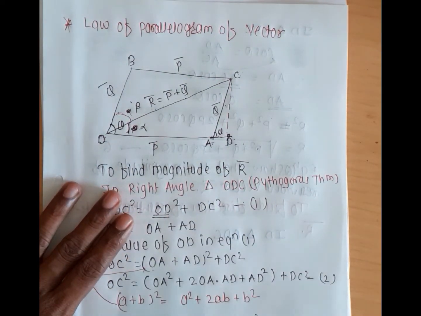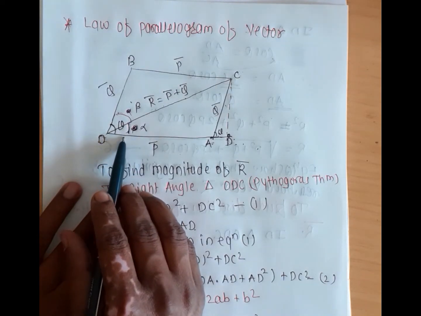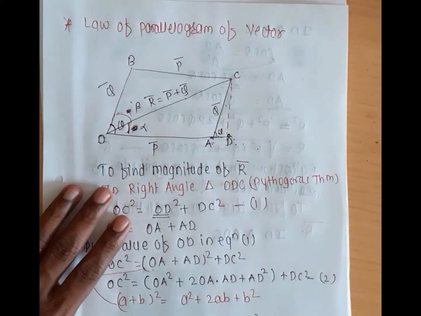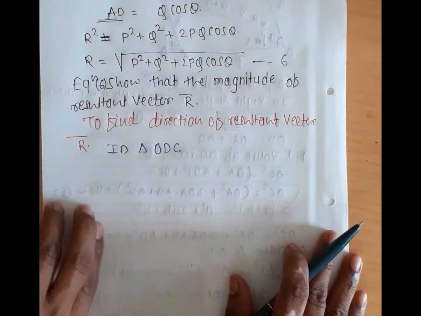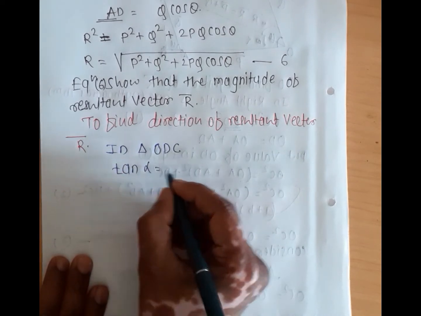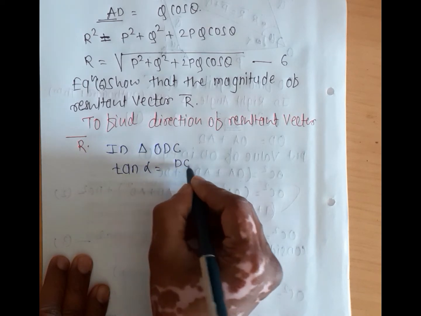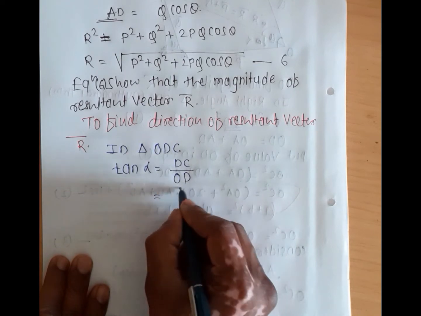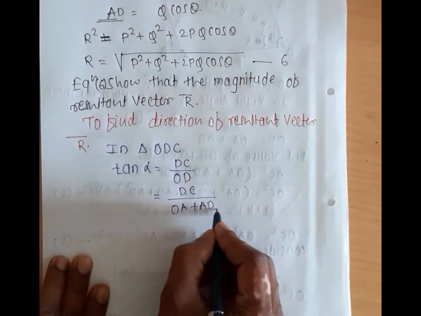Here we use tan alpha. Why? Because here the angle is alpha, and you know tan alpha is opposite side upon adjacent side. So tan alpha is equal to DC upon OD. But OD is divided into two parts: OD is equal to OA plus AD.